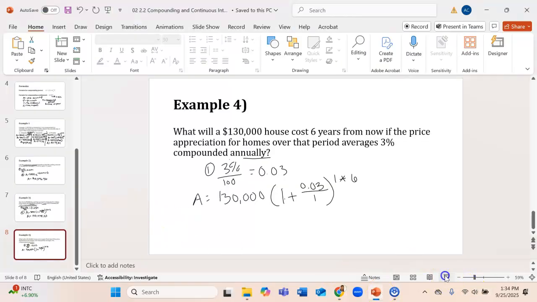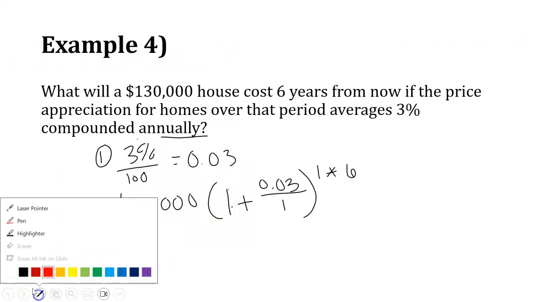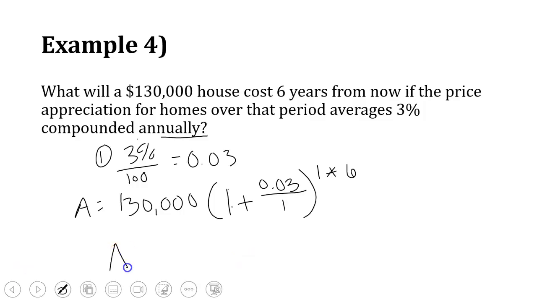So let's add that to our answer. So our final answer, it'll appreciate, and so within 6 years, our home will cost $155,226.80.